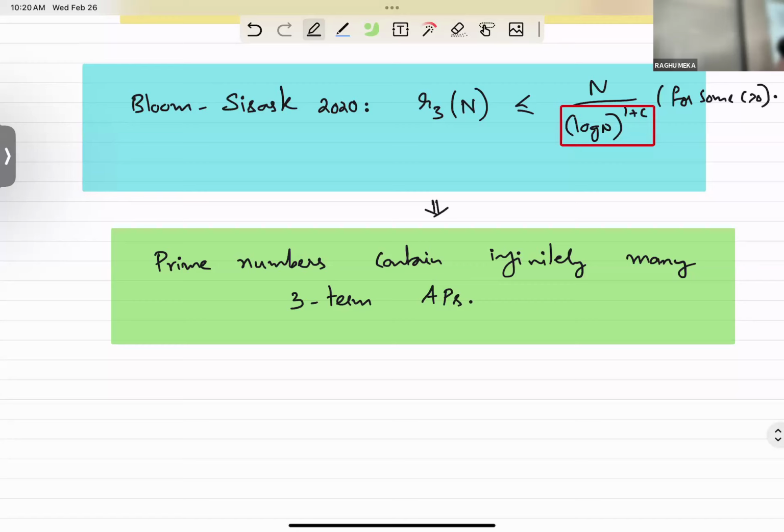The density is roughly like 1 over log n times 1 over log n or something. So some little-o of 1 over log n. But this is where it hits. You couldn't use Sanders's result to get it, but now you can.